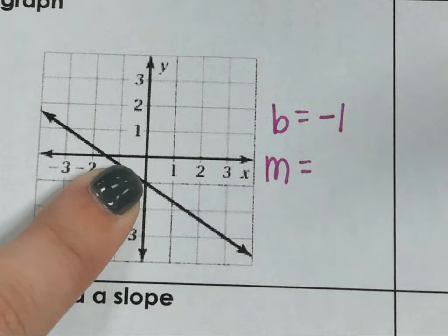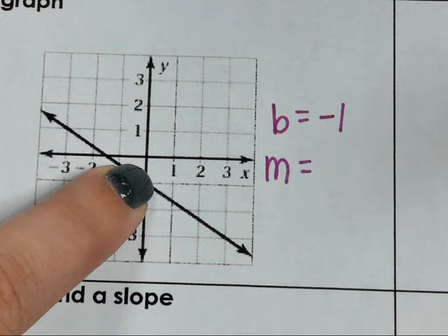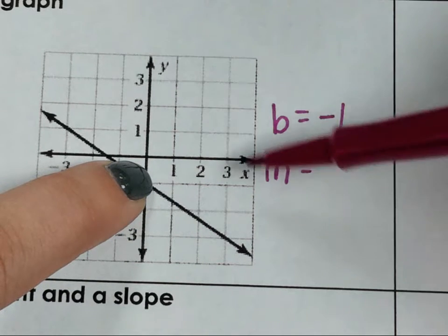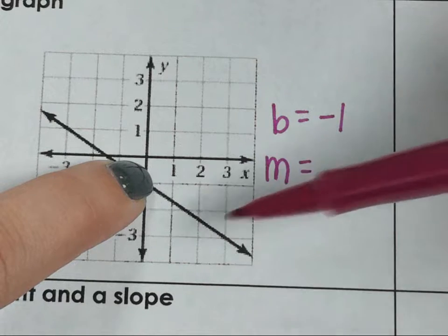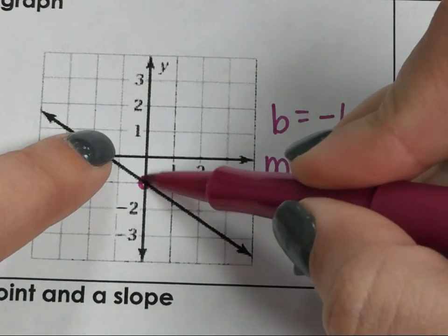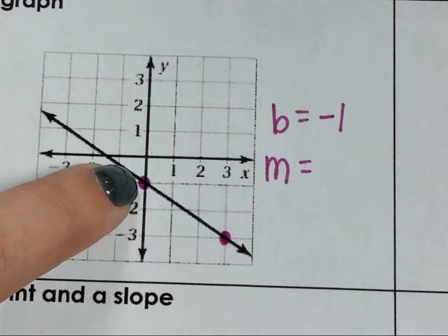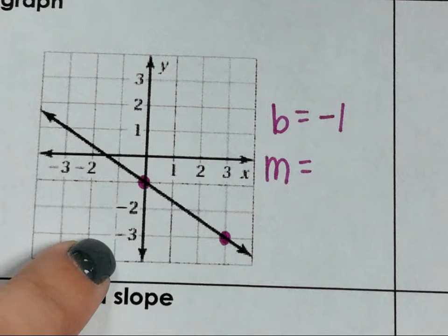So where is a point on that line that I know exactly what that point is? Casey? Positive 3, negative 3, right? So right here. So if I'm going from this point over here to this point, how did I get there? What was my slope? Down 3 and over 3.